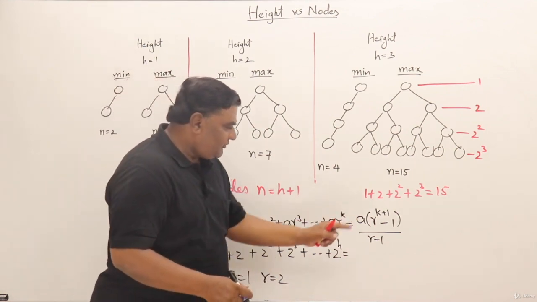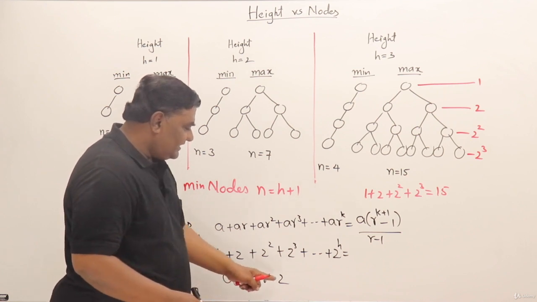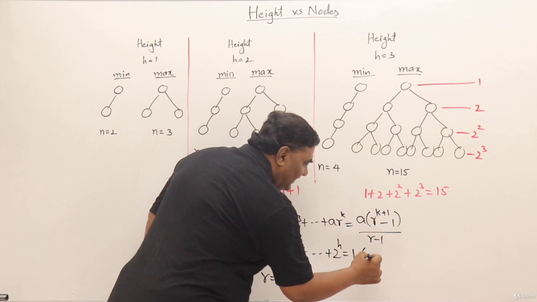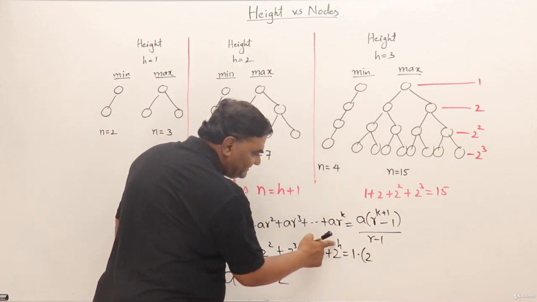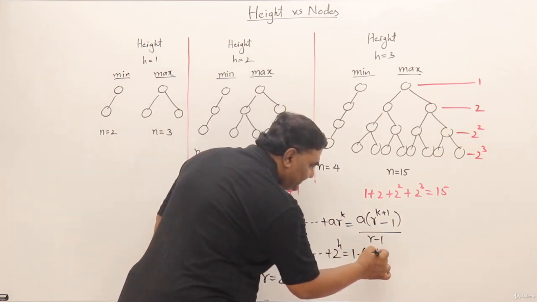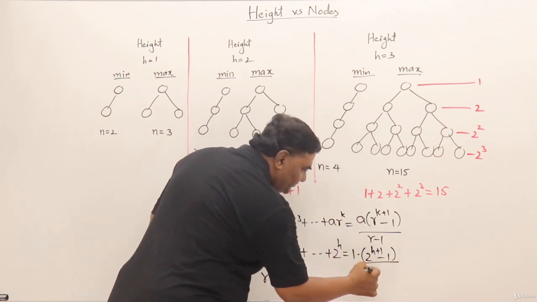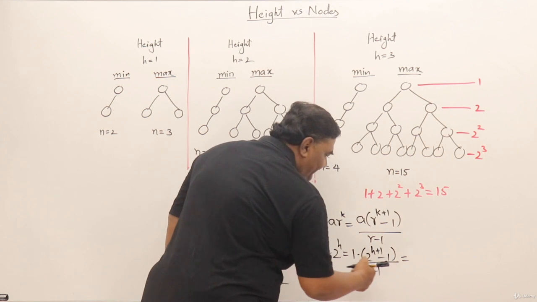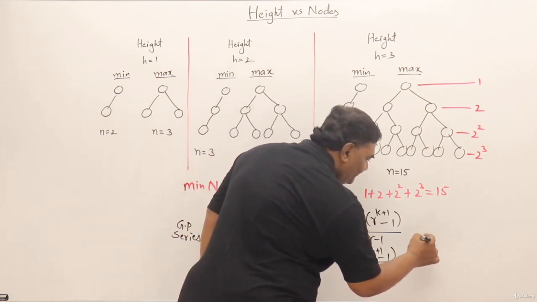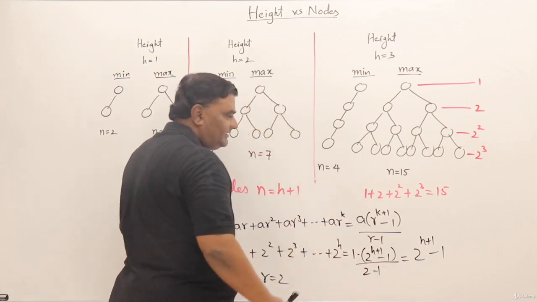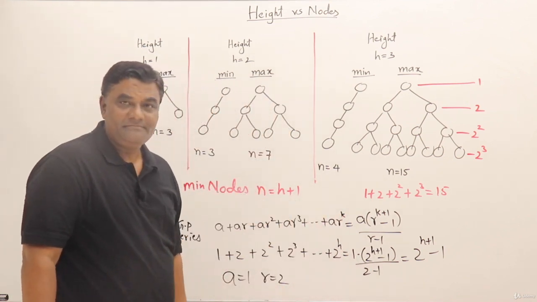So I will use this formula and I will write down a as 1 and r as 2. So this is a is 1, r is 2 power, what is the maximum term I have taken? h plus 1 minus 1 by r is 2, so 2 minus 1. So if I simplify this, this is 2 power h plus 1 minus 1 divided by 2 minus 1 which is 1. So that is the answer.